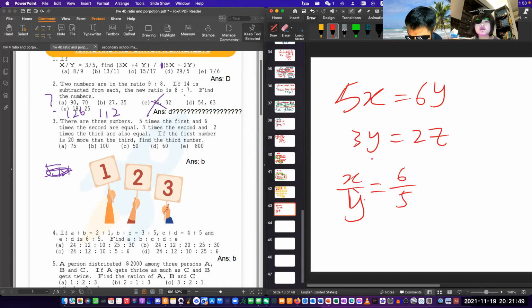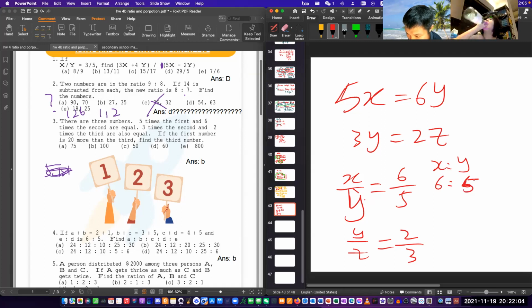Then y to z is 2 to 3. Okay, so you can actually do it this way. Put the x and y on top, and then y to z below. So you have 2 to 3.